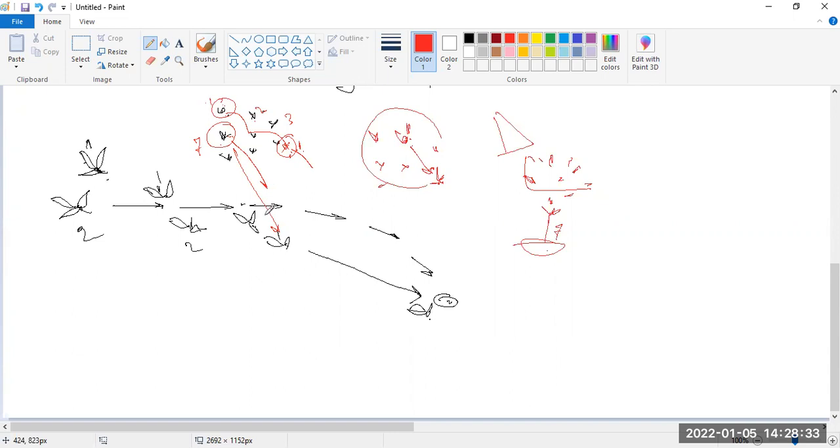This is called the global position because it reached the food, but the other birds did not. So this is the methodology behind swarm optimization, or particle swarm optimization. In the statement, you can write this down.